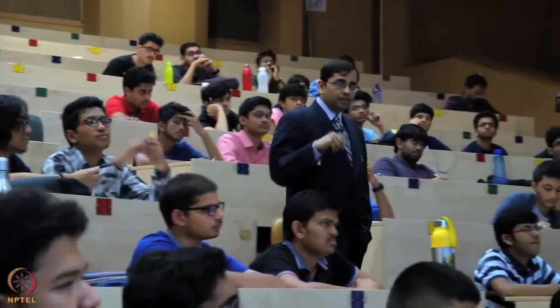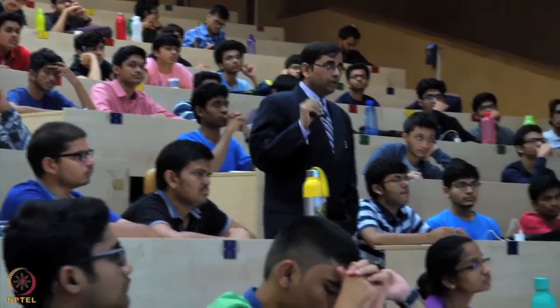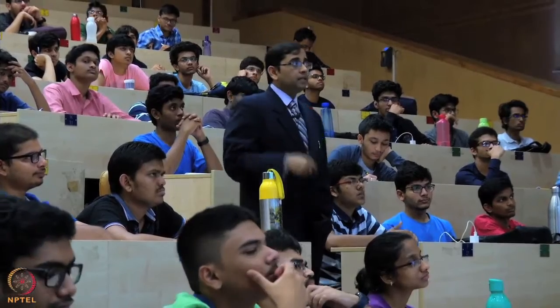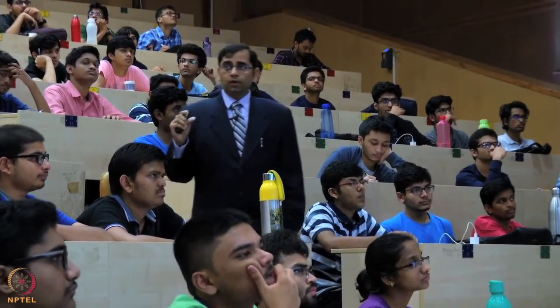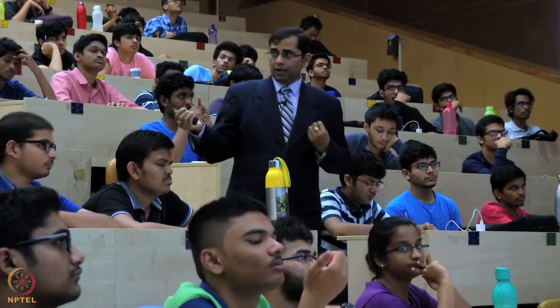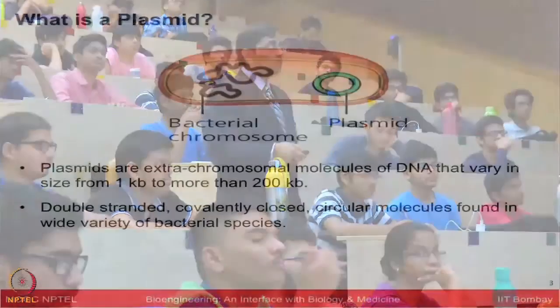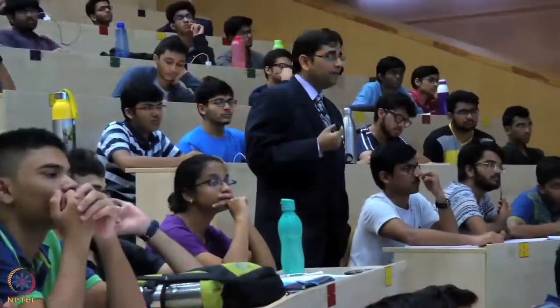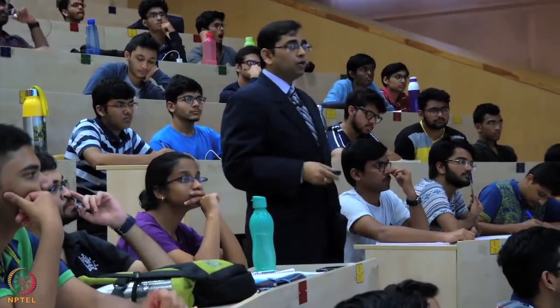Many people studying genetic engineering made these observations closely, and they felt that studying plasmids could be very useful as a tool to transfer genes from one organism to another organism. These plasmids are double-stranded, covalently closed, circular molecules, present in a variety of bacterial species.